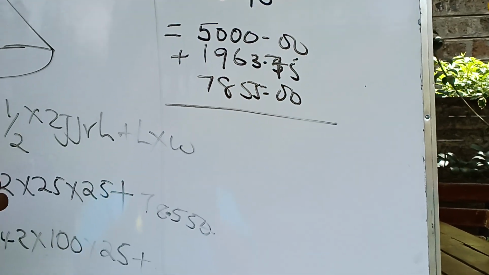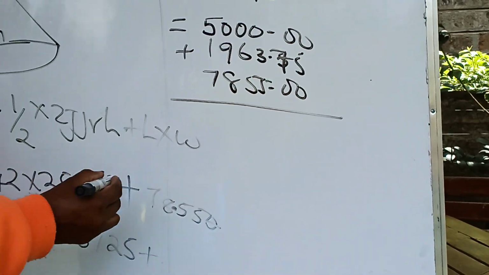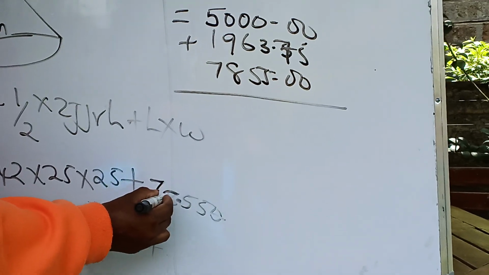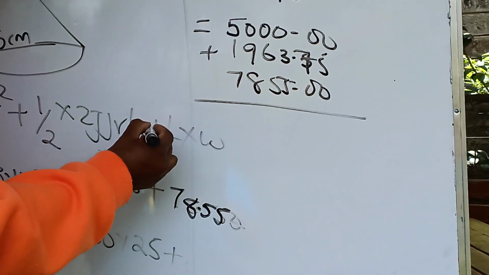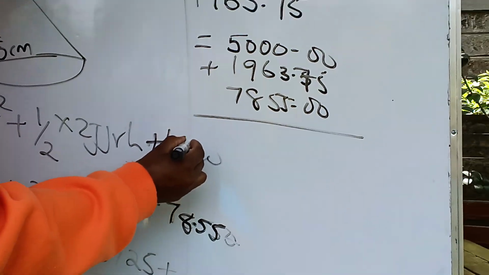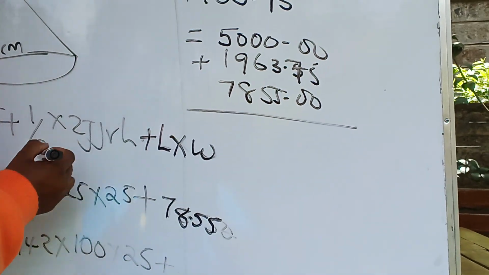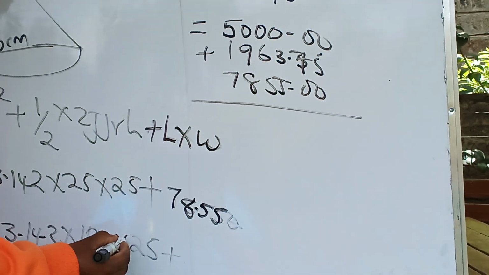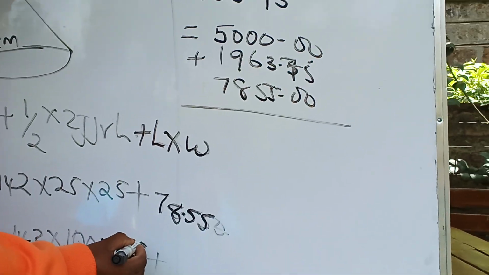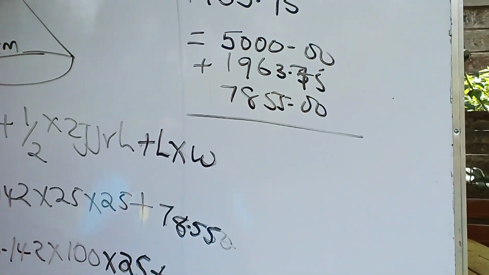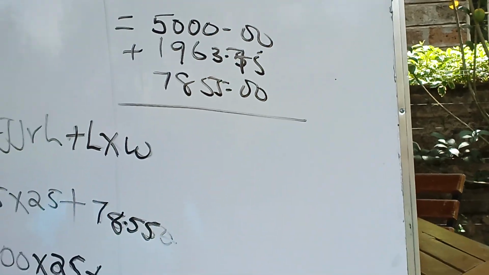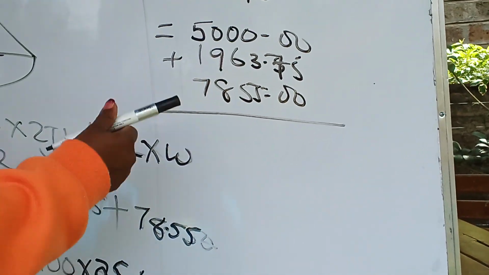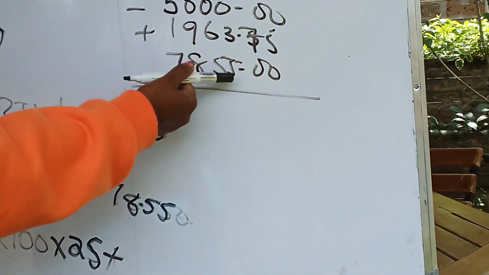What do you get once you add all that? You add 5,000 plus this one.